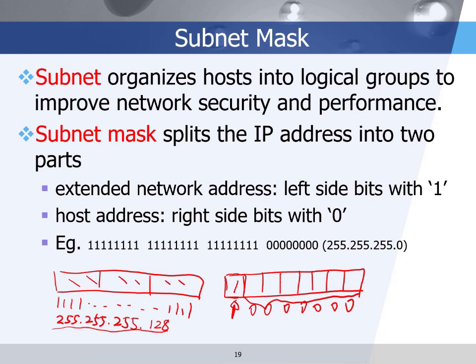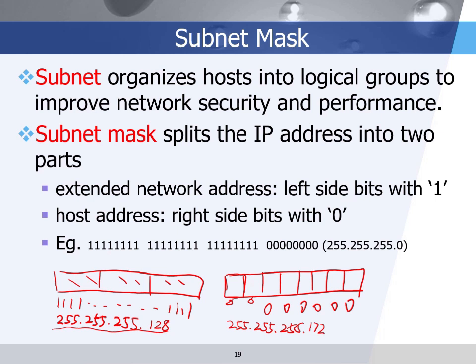And similarly, if we want to split the machine code into 4 different groups, then we can use 2 bits to split the groups. So now we have 2 bits so that we can have 4 different groups. And the subnet mask will be 255.255.255.172.